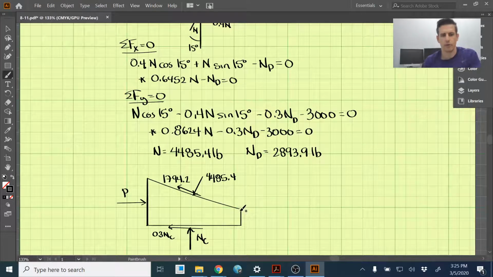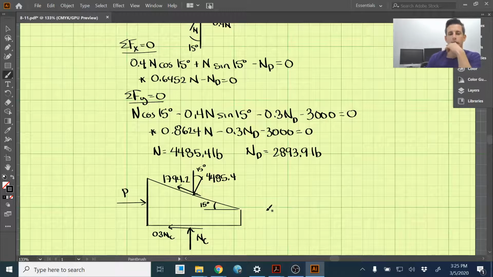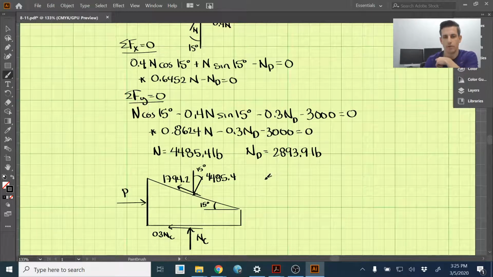And likewise, this is 15 degrees, and then this should be 15 degrees up here, 15 degrees there. Okay, so we have all the forces on there, and now it's just doing our equations of equilibrium.